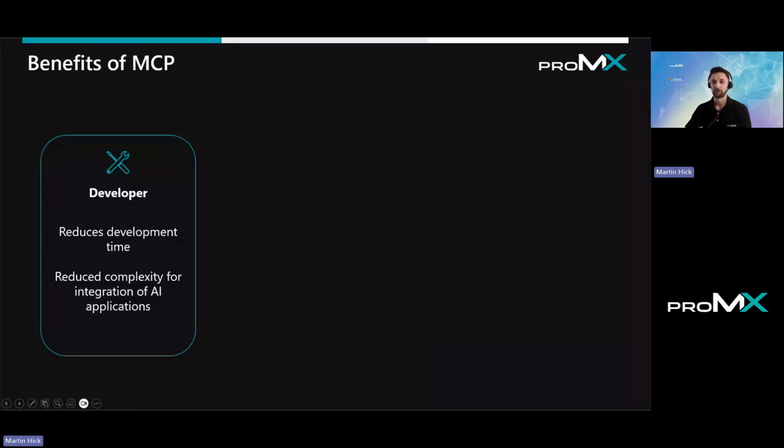You can just apply once and that fits for all kinds of schemes. It reduces complexity for the AI applications. So you don't have to worry about much anymore in the AI applications, but you have to put a bit more into the MCP server integration in the end, so in the back end.